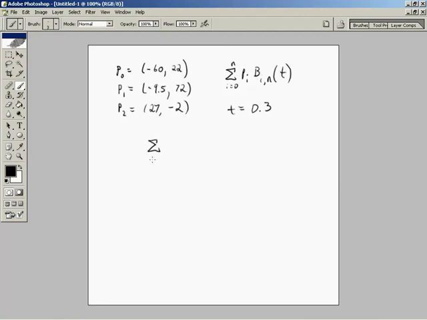So if I fill it in here, I have the summation from i equals 0 to n of P sub i times B sub i, comma, n of 0.3. And if I expand this a little bit more, what you would get is negative 60, 22 times B sub 0, comma 2, because the degree of the curve is 2, at 0.3, added to negative 9.5, 72, times the Bernstein polynomial at 1, comma 2, at 0.3, plus 27, negative 2, times the Bernstein polynomial at 2, comma 2, at 0.3.